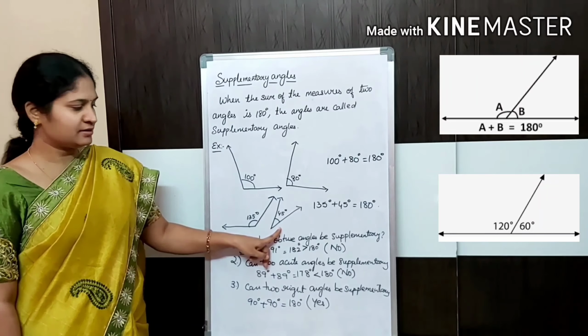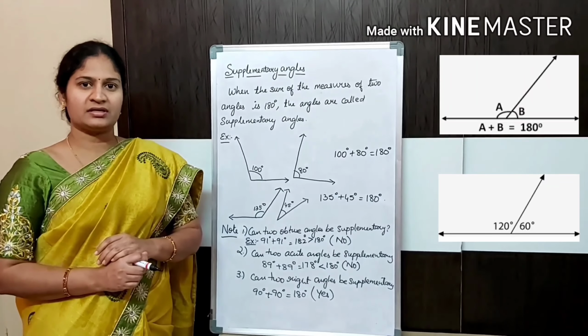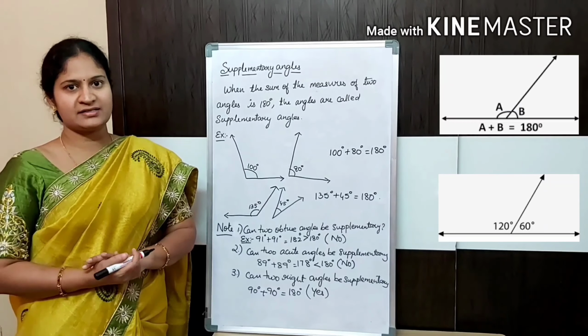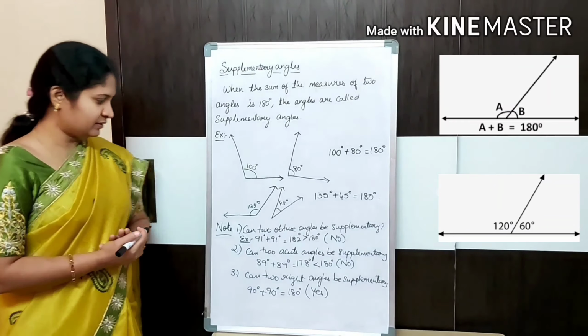So we may say that the sum of an obtuse angle and an acute angle may or may not form supplementary angles. Then you will have a doubt. We will have a question: can the sum of two obtuse angles be supplementary angles, or the sum of two acute angles, or the sum of two right angles? We will have a small discussion about that.